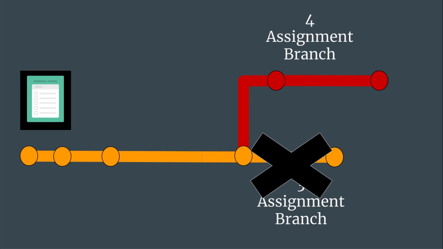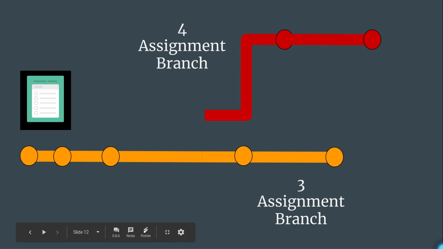There might be hundreds of edits made in the original 3 assignments, and hundreds of edits in the 4 assignments, and GitHub actually allows us to manage all of those edits and bring them together and show what the document would look like with all of those edits incorporated into it. So this is actually very different from a Google document or something like that.